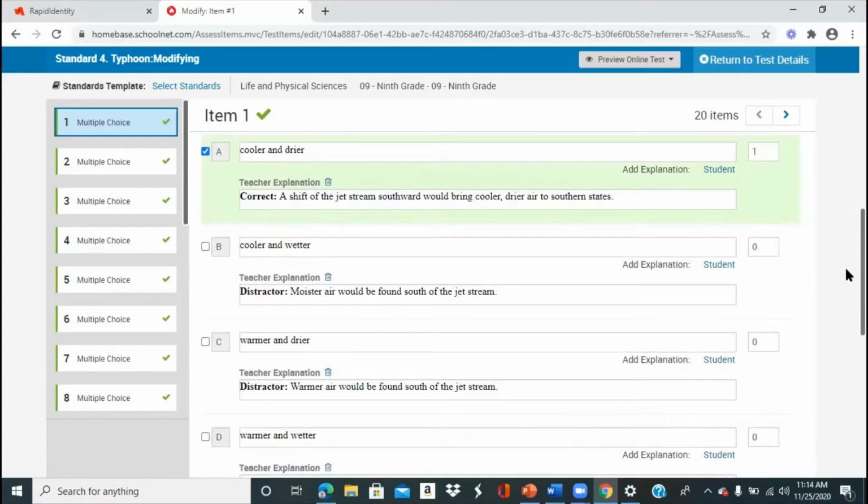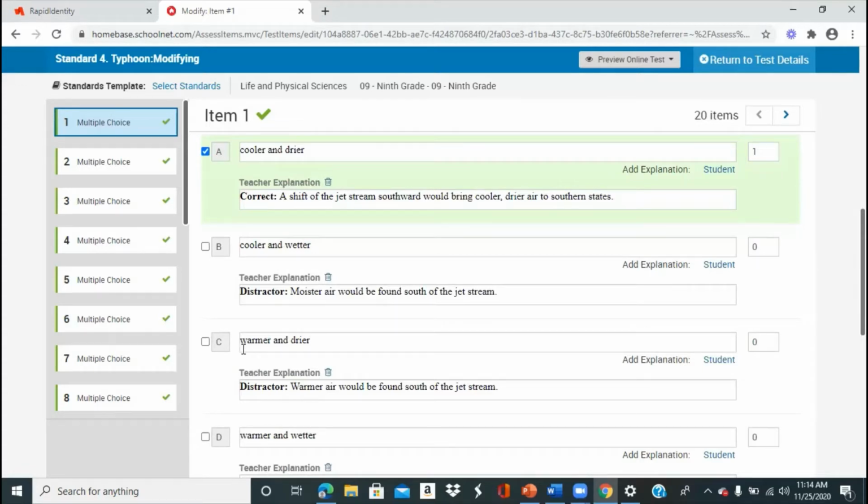Like what I mentioned, you're just going to focus on cooler and drier, or anything that has a cold or cooler verb or adjective, because that is the only focus of the map that you're seeing. Anything that shows warm or warmer weather should not be part of your answer options.